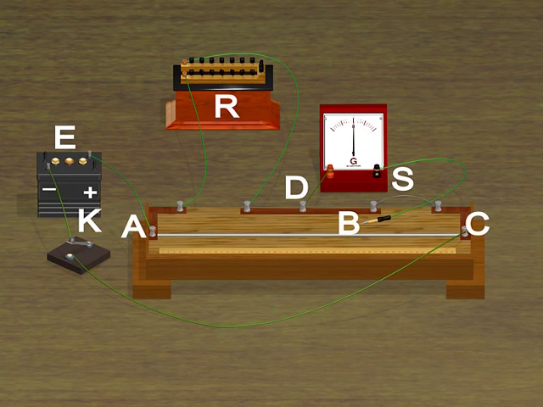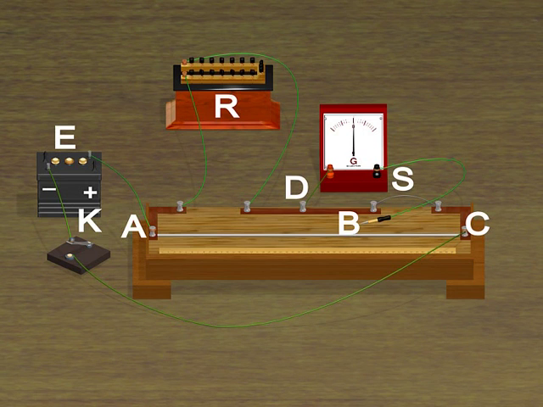One terminal of the sensitive galvanometer G is connected to jockey B and the other to the terminal D. The positive pole of the battery E is connected to terminal A and the negative pole of the battery to terminal C through a one-way key K. Can you notice the circuit is just like that of a Wheatstone bridge?